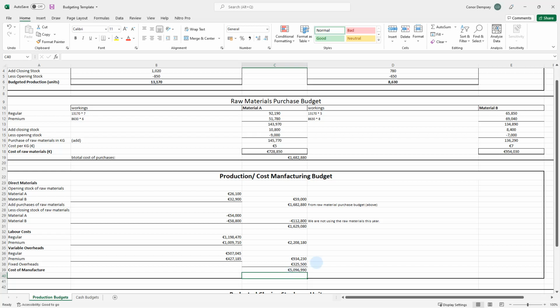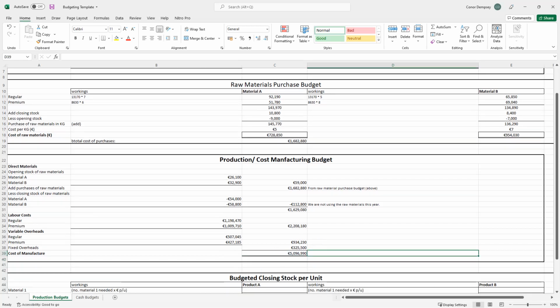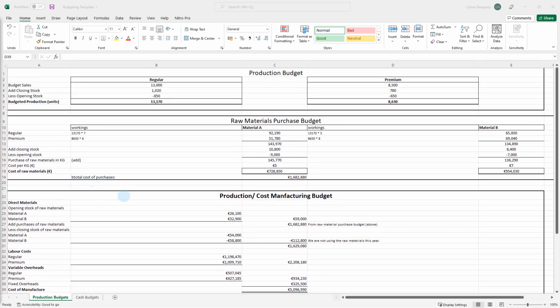So a lot of money is being spent there. So that's generally about 24 marks for that. So a lot going for that as well.